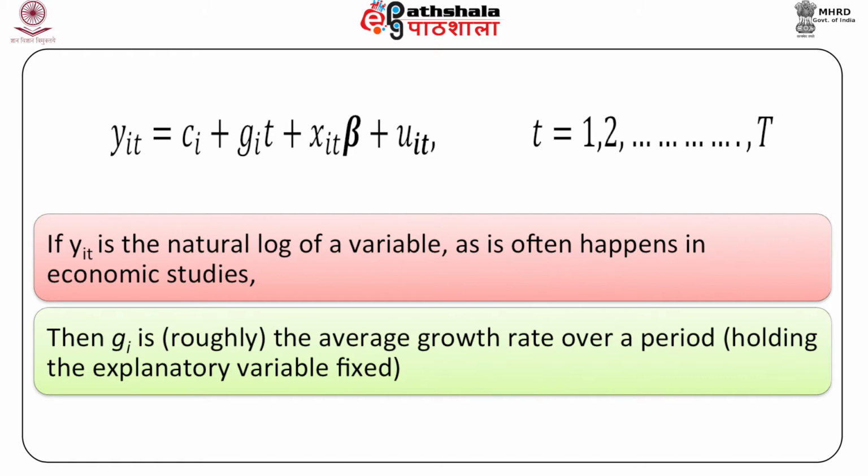Now, thinking of a program participation example, if one element of Xit is an indicator of program participation, equation 9 allows program participation to depend on individual specific trends or growth rates in addition to the level effect Ci.